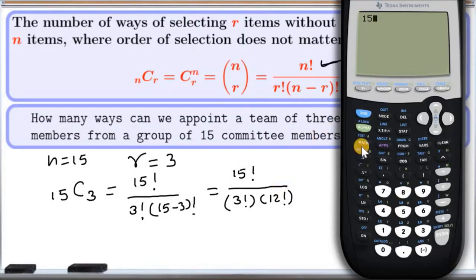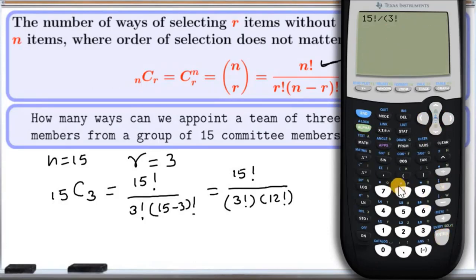So type in 15, go to math, go to PRB, then come down to factorial, that is number 4, then hit enter. So put your divide, then put your parenthesis, then we need 3 factorial times 12 factorial in the denominator. So type in 3, then go to math, then go to PRB, then come down to number 4.